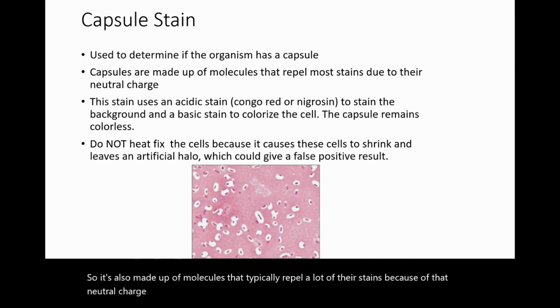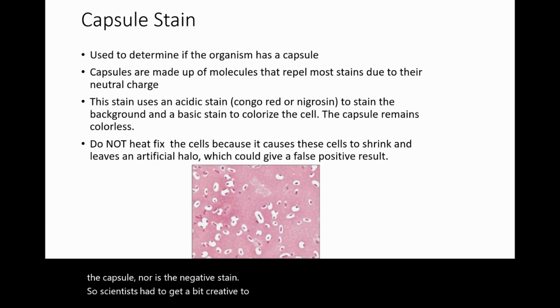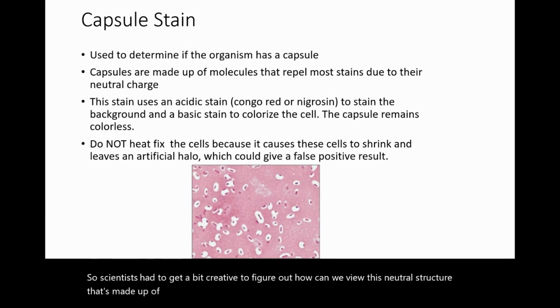Those positively charged simple stains aren't going to be attracted to the capsule, nor is the negative stain. So scientists had to get a bit creative to figure out how we can view this neutral structure that's made up of sugar. Well, the capsule stain actually uses both an acidic stain and a basic stain.